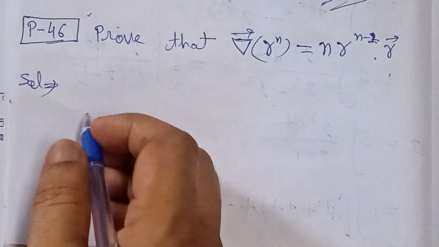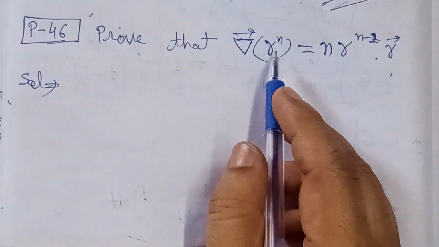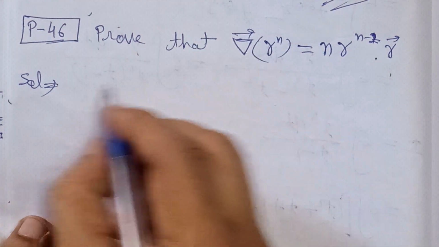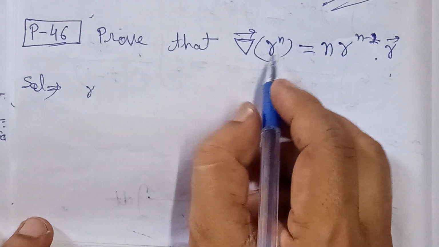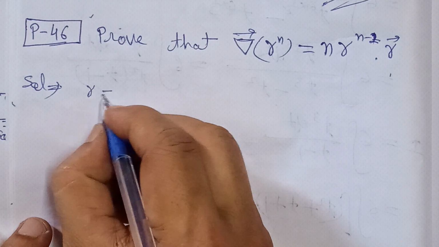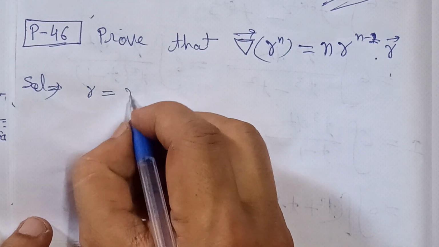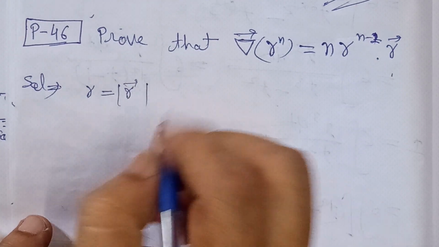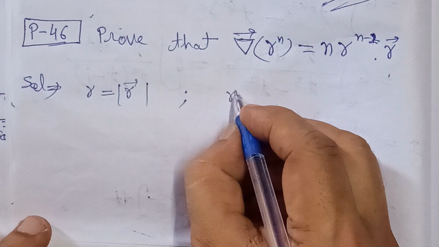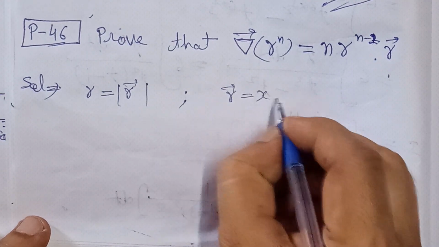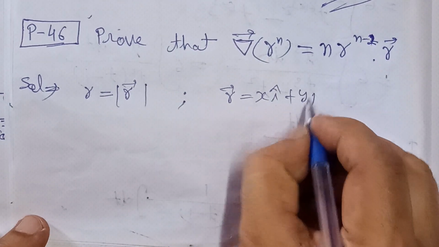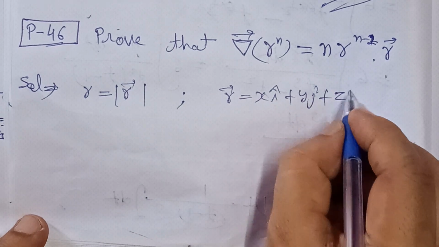So first of all, we know r is the modulus of vector r. Vector r in general is x i cap plus y j cap plus z k cap.